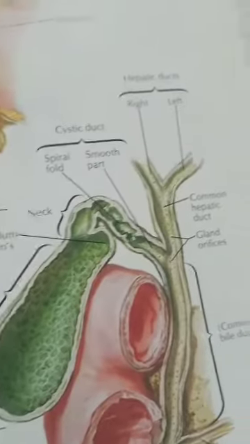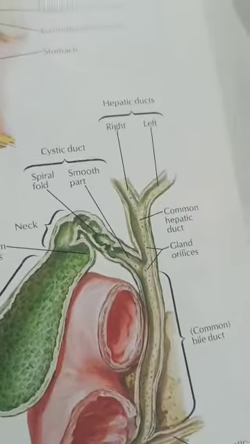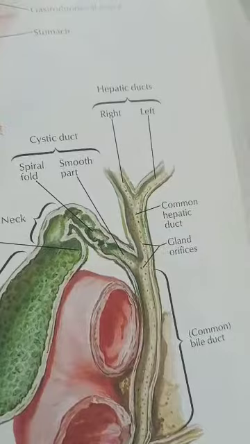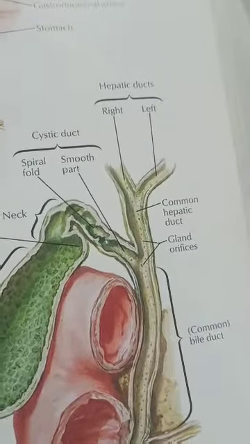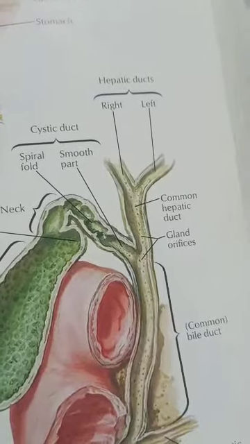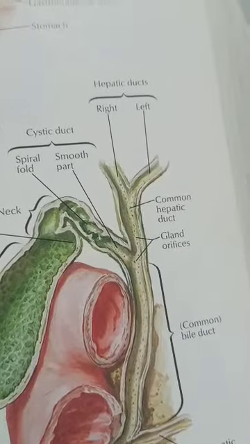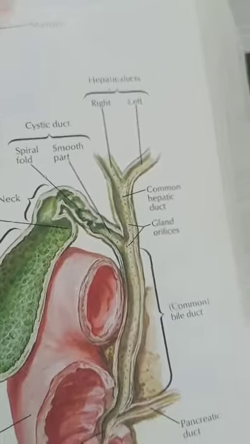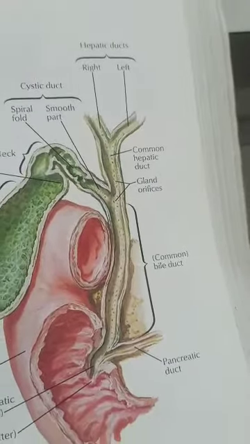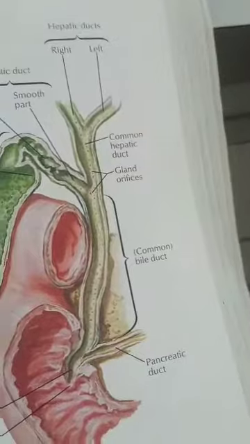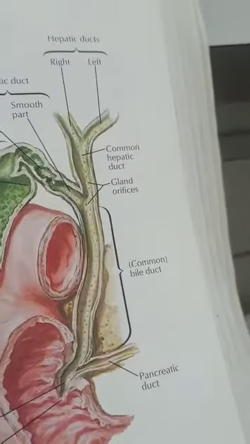Then this cystic duct joins with the common hepatic duct and forms the bile duct. The bile duct is formed by the union of the cystic duct and the common hepatic duct. It runs downwards within the free border of the lesser omentum, along with the portal vein and hepatic artery. Okay.